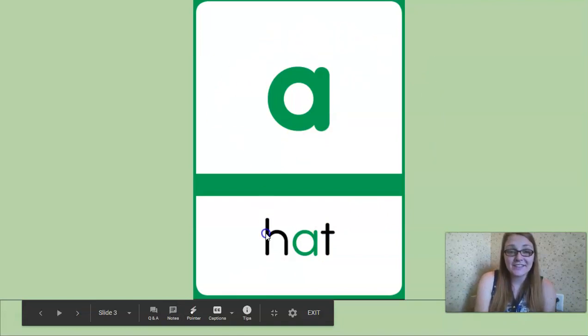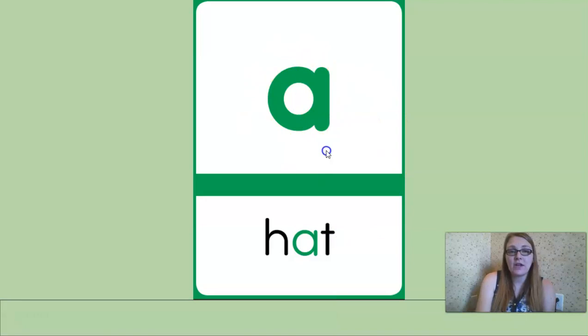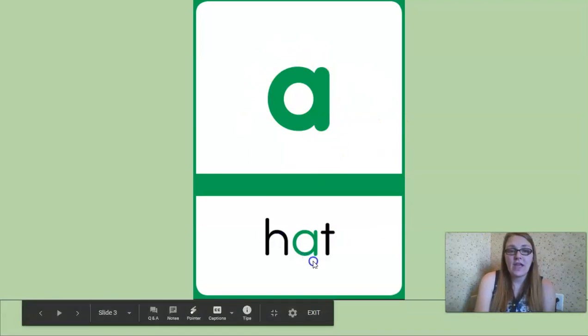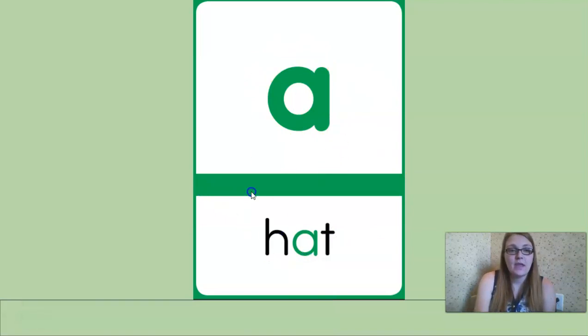That's right, letter A. The word they gave us is hat. And in the word hat, you hear the A sound. In English, the letter A stands for the A sound. Now, in the middle of the card, you see this long green bar. That's the power bar.